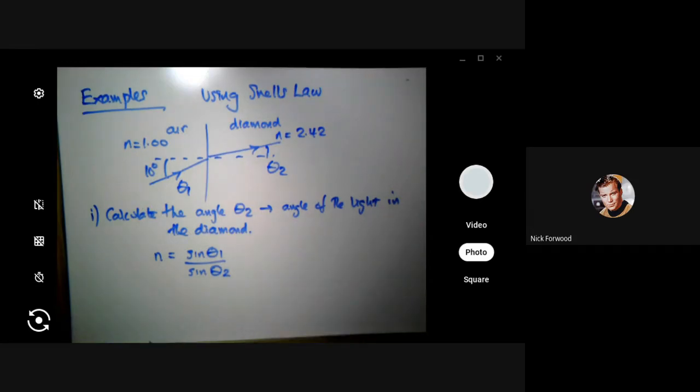And I would advise that you put the numbers in. You get a mark in tests and exams for writing down the formula just by copying it off the formula sheet, and you get a second mark for putting in the numbers. 2.42 is equal to sine of 10 degrees over the sine of theta 2.